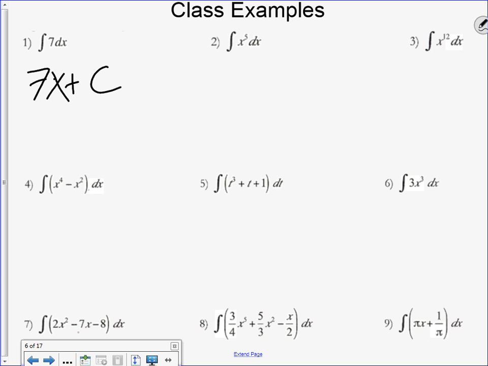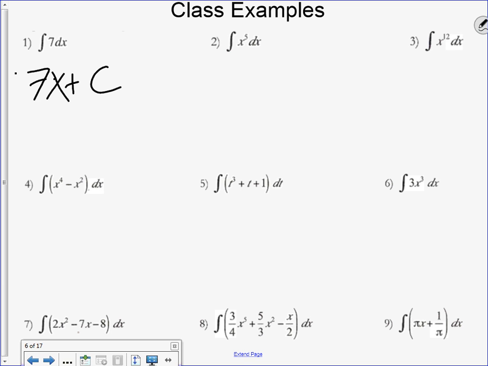The great thing is I have an eraser. If it's not right, I'll get rid of it. But this one is, because if you take the derivative of 7x plus any constant, you get 7. It works. Anytime you integrate a number, you're just going to get that number times x, or whatever the variable is.